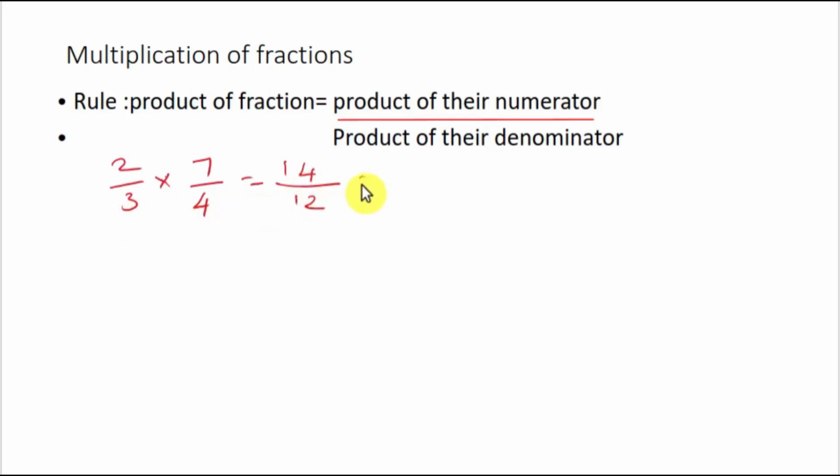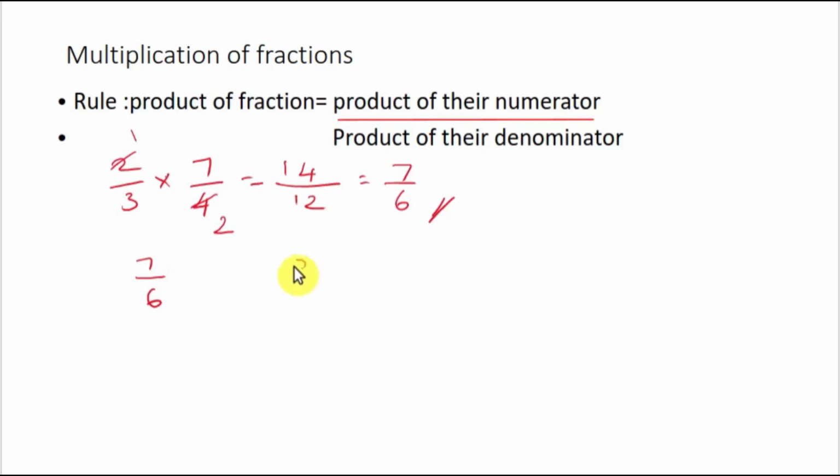So 14 by 12 equal to, we have to reduce to its lowest form. So 7 by 6 is the simplest or lowest form of 14 by 12. Otherwise, here 2 one time, 2 two times. So 7 by 6.